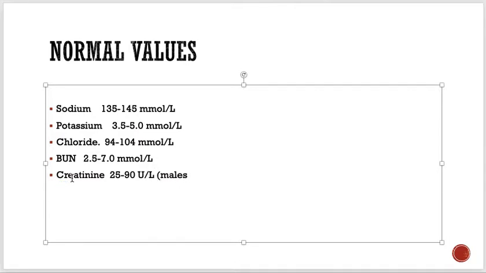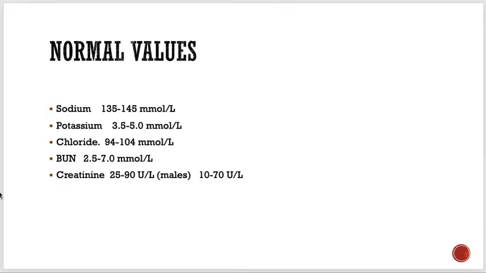In females it is a little less because females have less muscle mass, so it is 10 to 70 units per liter. These are the normal values of the electrolytes in people.